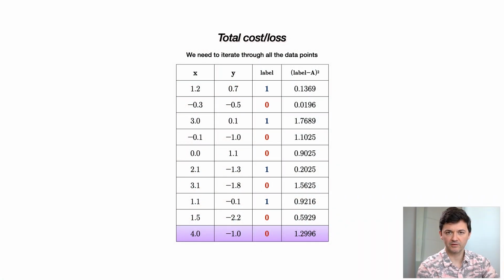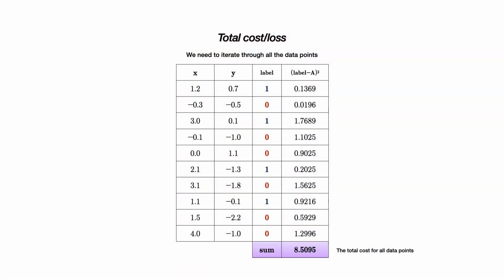If we somehow manage to track all of these values, we can now sum them. So in our case, the sum would equal 8.5095. And what is this value? Well, this value is the total cost for all the data points. So this is the value that we actually want to minimize. If this value is minimal, then we for sure know that our prediction accuracy will be very high.